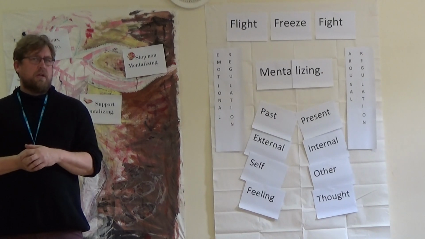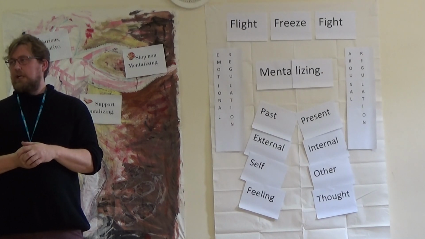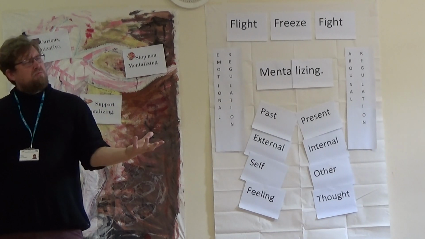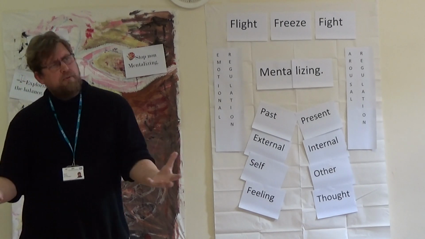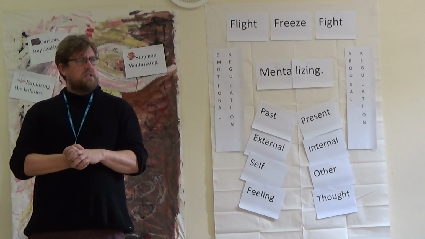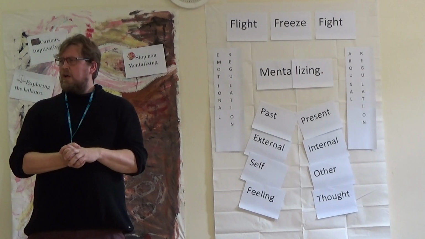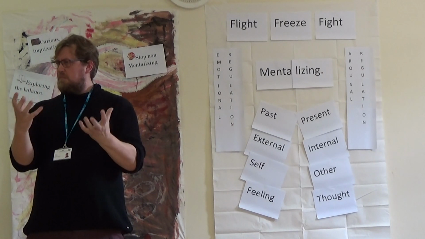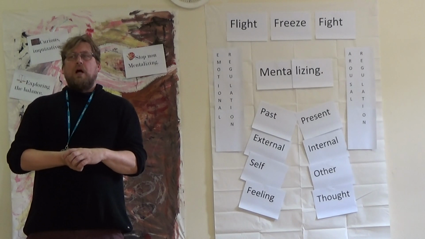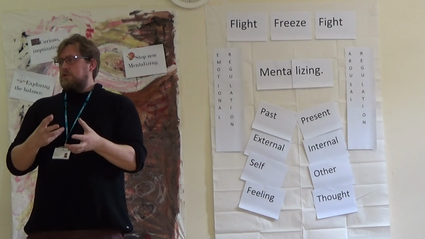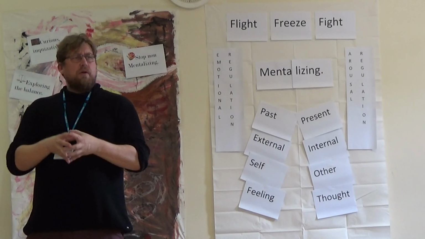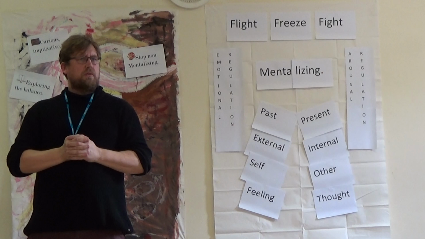So if your friend came up to you and they were really upset, you would react by asking what's happened. You'd be accepting of their emotional state initially, and you'd be showing that you're curious and wanting to know, and possibly also starting to work it out a little bit as well.